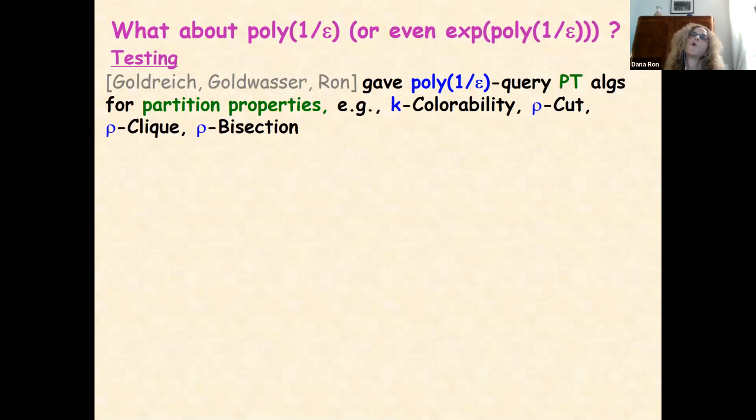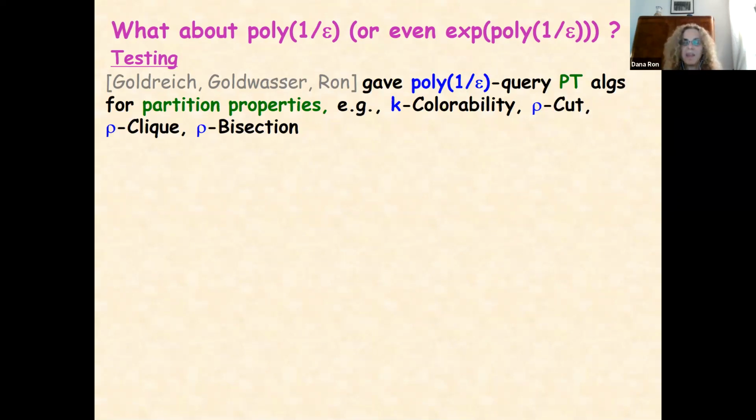For testing, I'm going back in history to the first paper that explicitly talked about testing graph properties in the adjacency matrix model. In this paper, we showed that you can get poly 1 over epsilon query complexity property testers for a general family of partition properties. I won't define this family here; I will later talk about a subfamily, so you'll get a feel for what I mean.